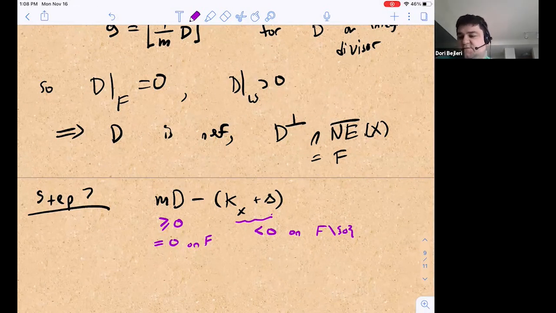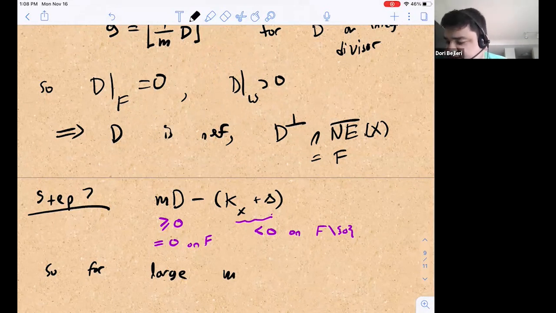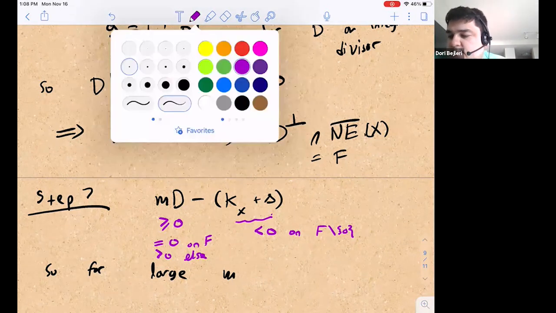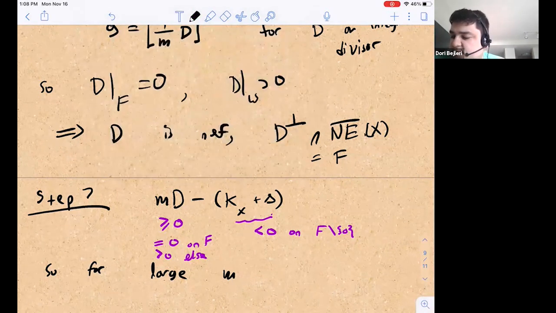And so that tells us that for large M, and I should say D is not just 0 on F, but it's 0 on F and strictly greater than 0 everywhere else. And so for large M, this difference is actually ample.